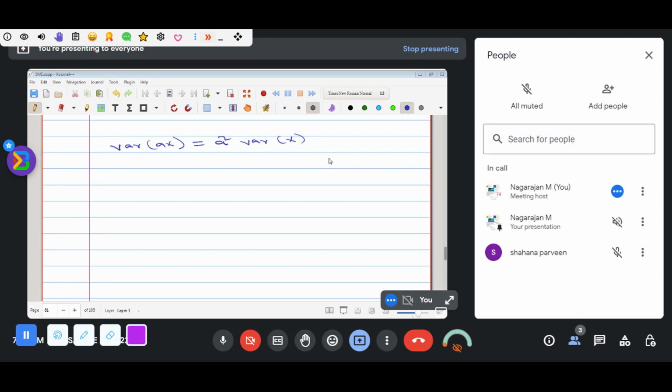Now I move to the next one, the T1 estimator. This is the third part of the proof. What is the T1 estimator value? X1 plus X2 plus X3 plus X4 plus X5 divided by 5. Now we take variance on both sides.